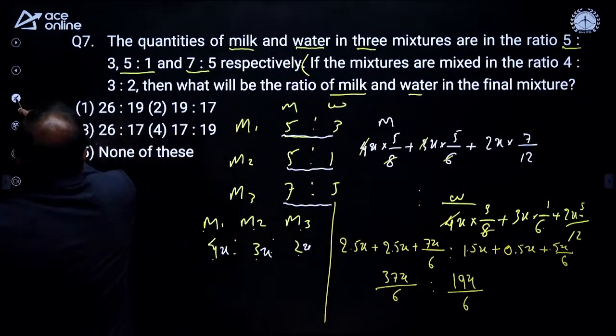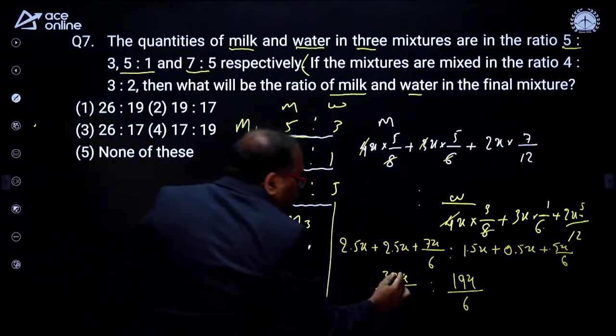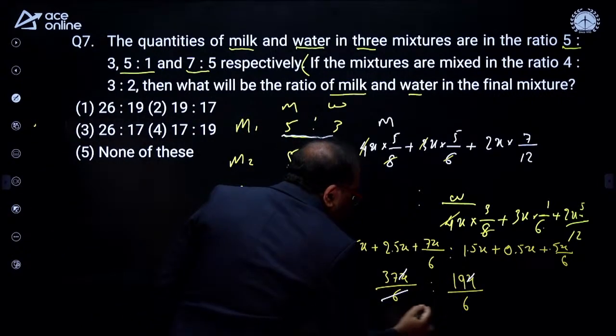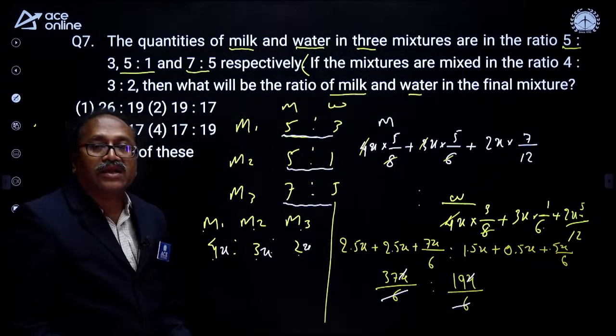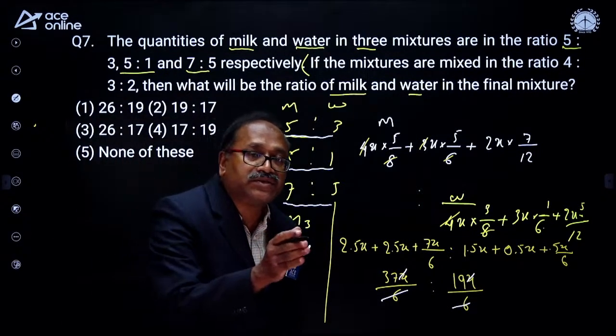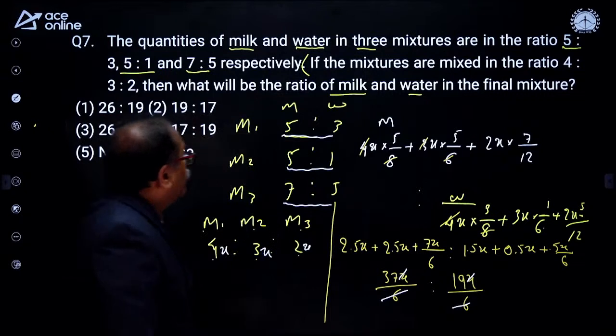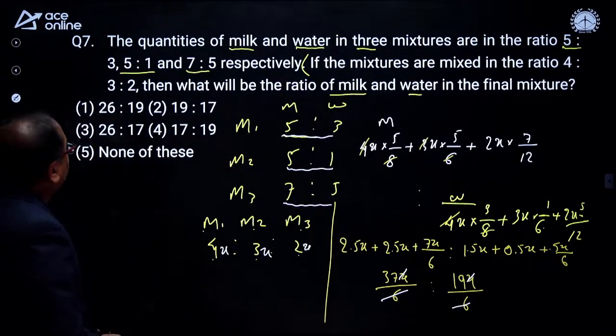Now you notice, all my friends, that x and x get cancelled, 6 and 6 get cancelled, I am left with the ratio 37:19. Do we have any option 37:19?